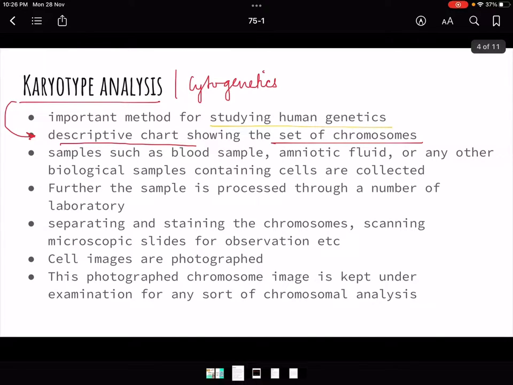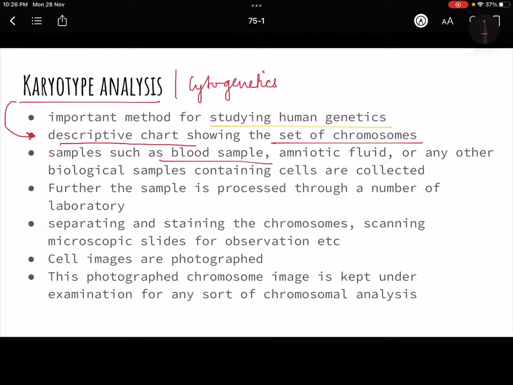So what happens is, we generally take a blood sample, because if we want to study anything, your DNA, your genetic information, you need to take a fluid which contains your DNA, right? And DNA you can take from a blood sample or from amniotic fluid.